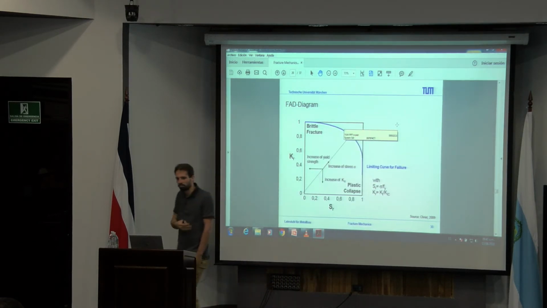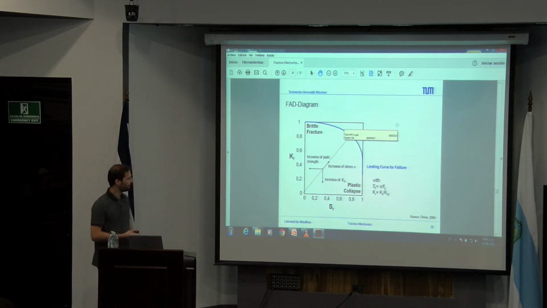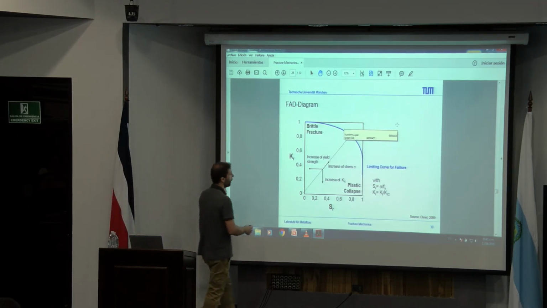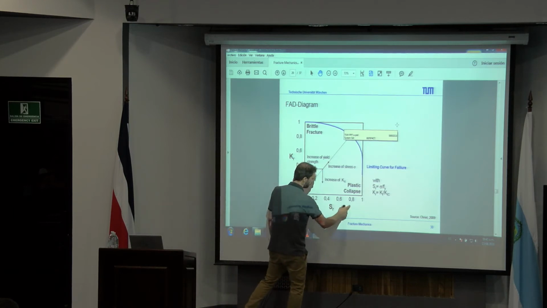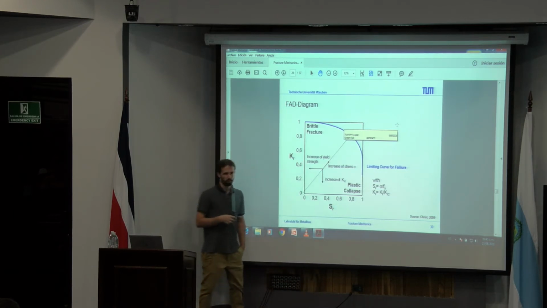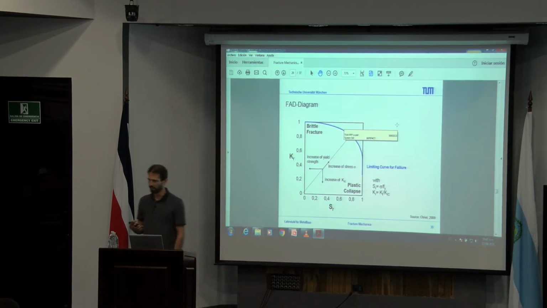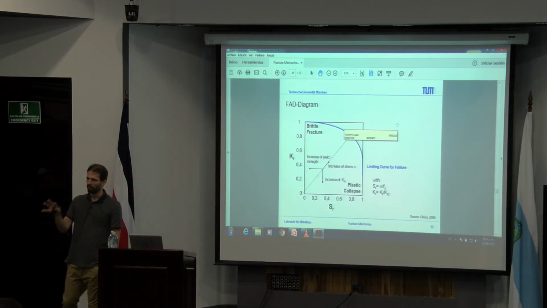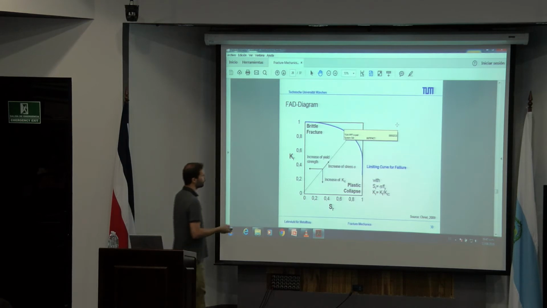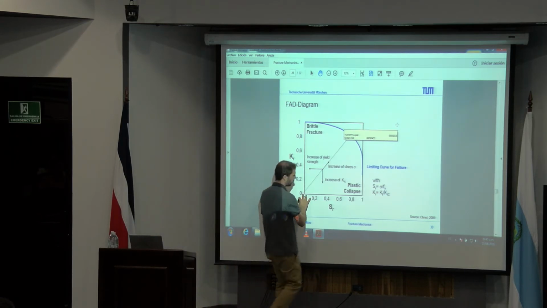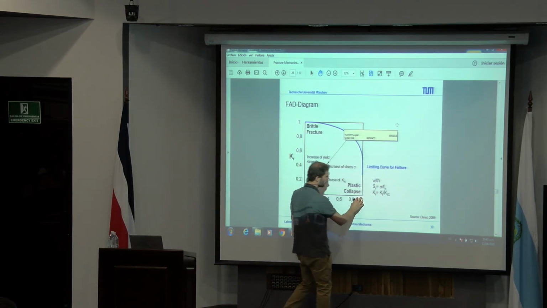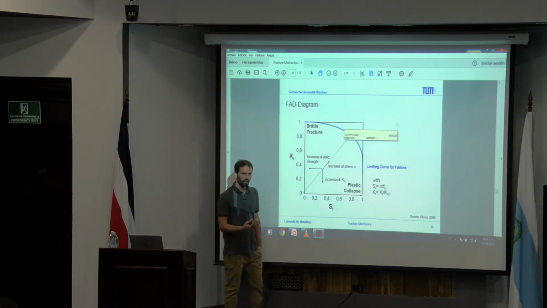So it is, I would say, quite easy to go into the diagram. And on the other side, you have here the information about the static analysis, so about the stress state in your material and also about the yielding. And of course, if you go, for example, more onto this side, you're next to your yielding point.